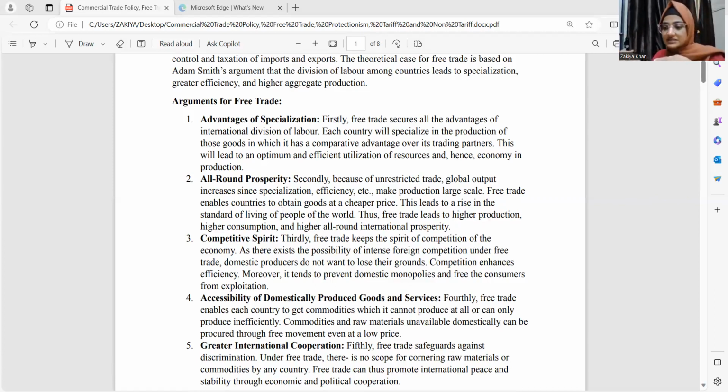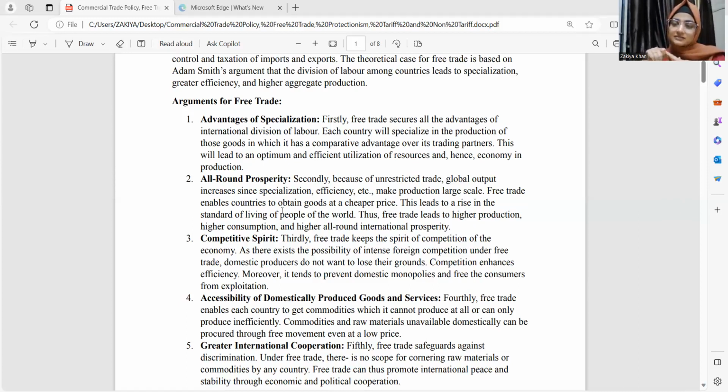But an LDC is really struggling, they have infant industries, so they need time to get their foundation in place, and only then can you allow a foreign country to come and sell their goods in our country. So that is one disadvantage which will come later.